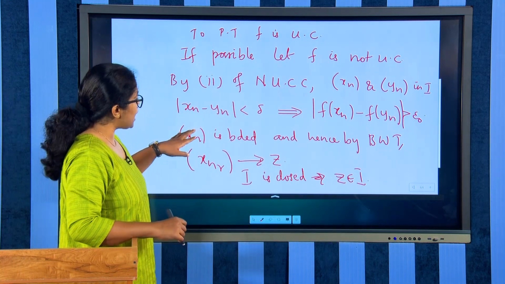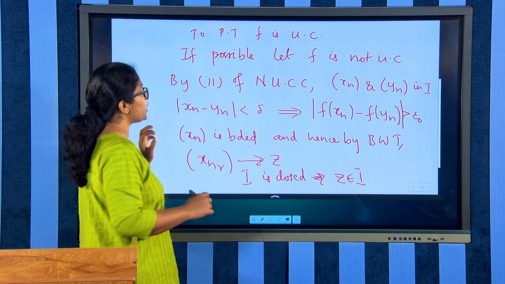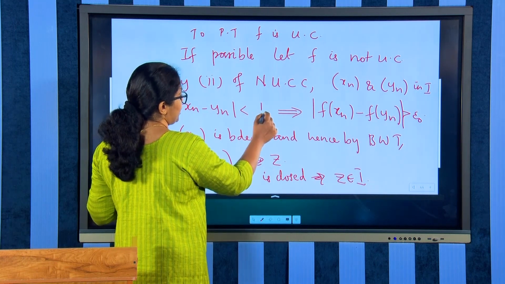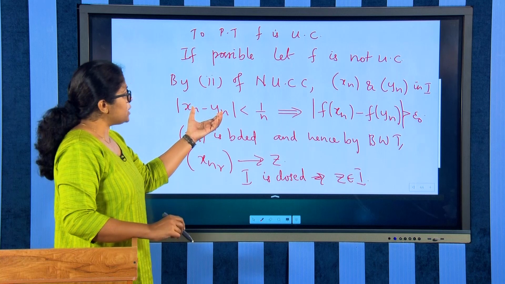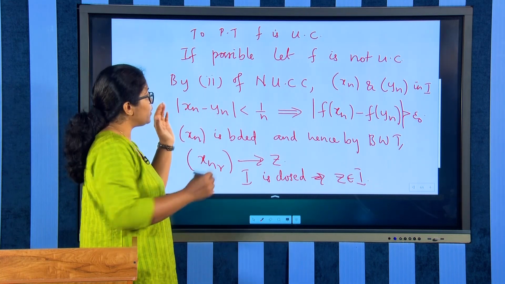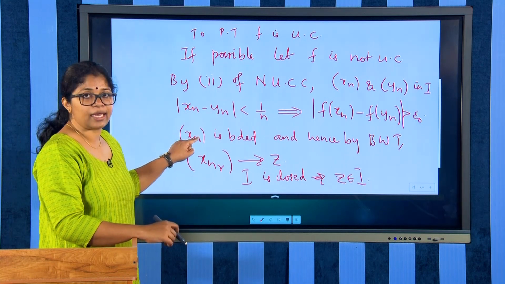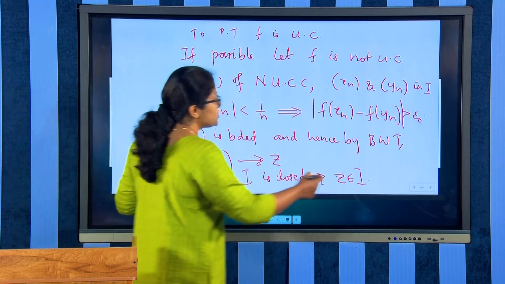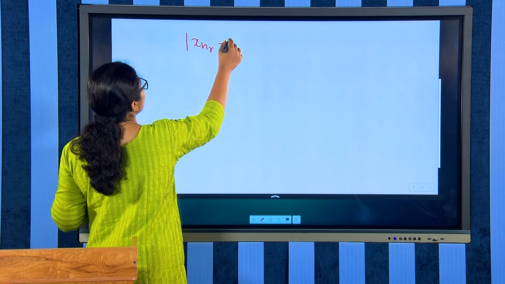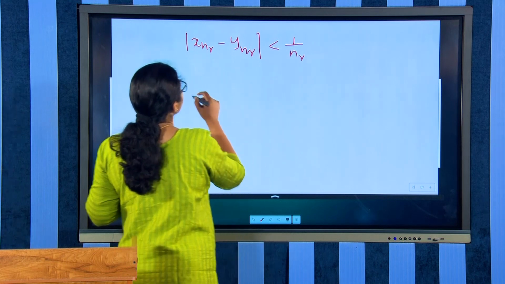And sequence xn and sequence yn are such that modulus of xn minus yn is less than delta, in particular less than 1 by n. So these two sequences are very close to each other. xnr is a subsequence of xn, and correspondingly we can have a sequence ynr such that modulus of xnr minus ynr is less than 1 by nr.